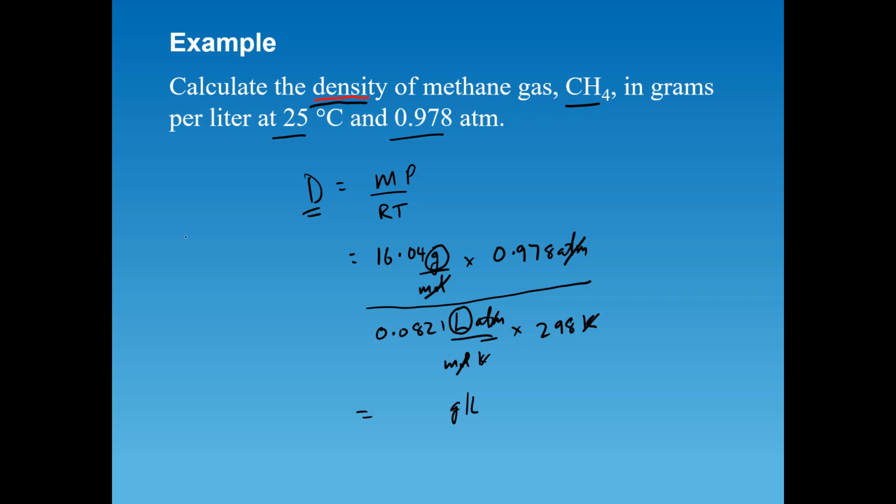Okay, so the answer I got here is 0.641, rounded off to 3 sig figs, grams per liter, all right? Okay, so that's basically how we do this example.